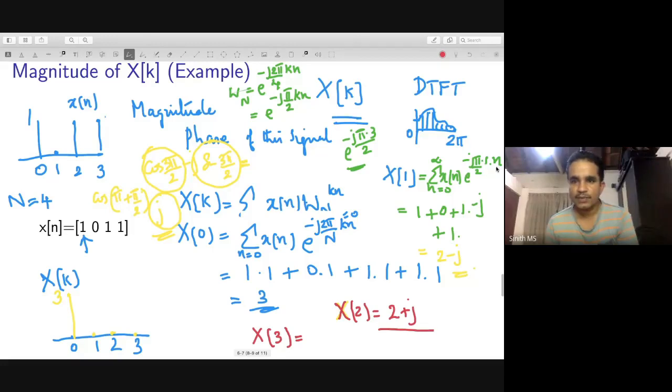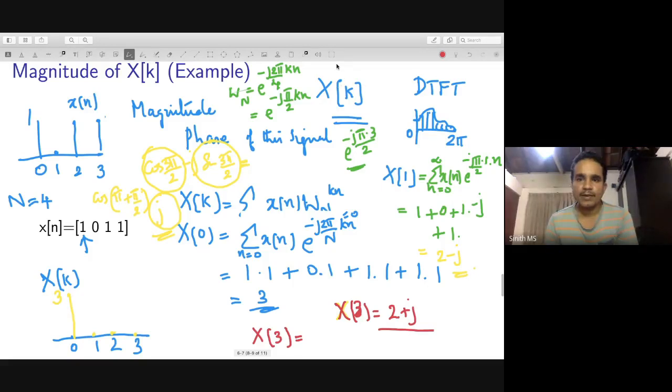X of 2 is for n equal to 2, so this will be X of 3 for n equal to 3, and n takes values 0, 1, and so on.